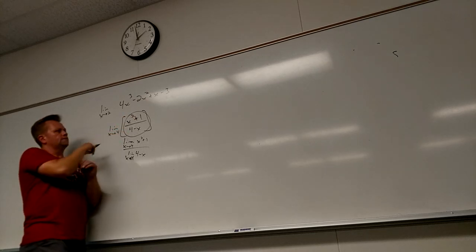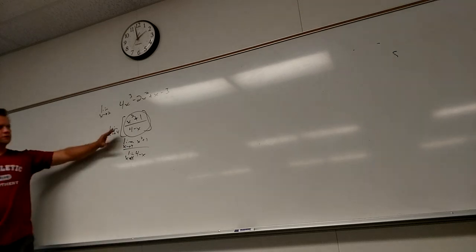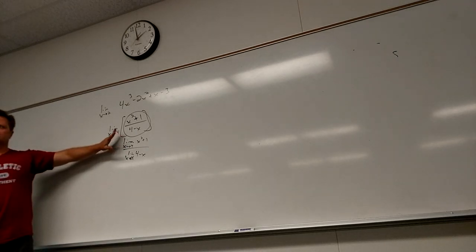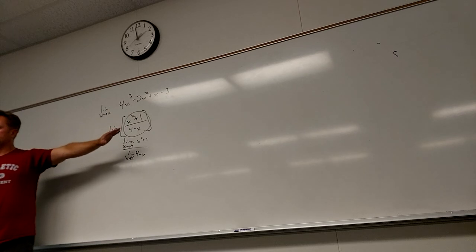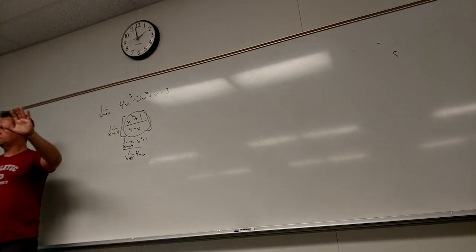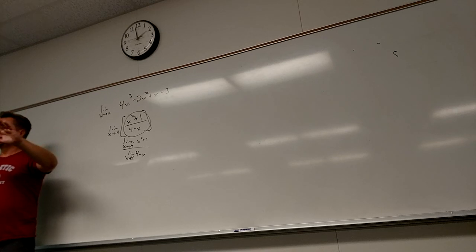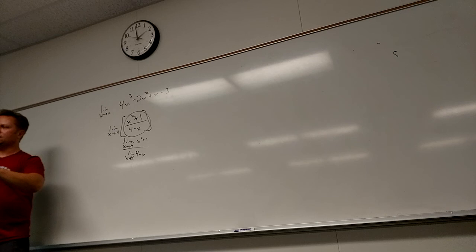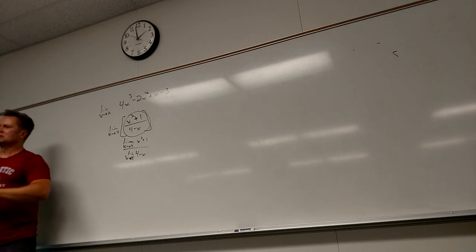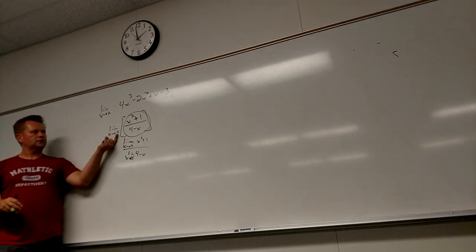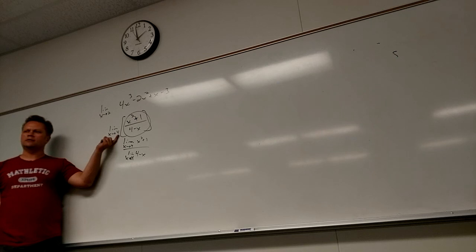In fact, this one specifically, can somebody tell me what the actual answer is? It's not infinity, just to make you aware. That doesn't mean it's not some kind of infinity, but to be honest, it isn't. What does the limit as x goes to 4 mean by itself?